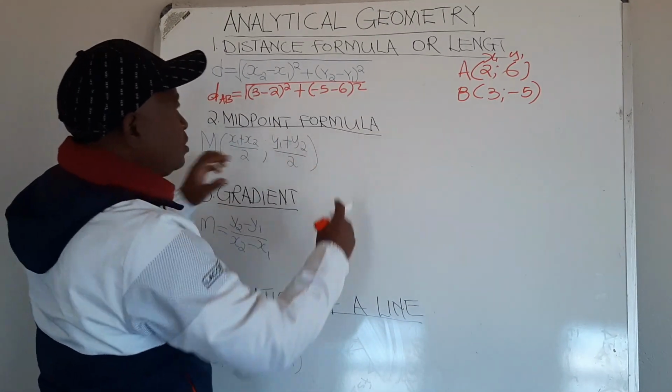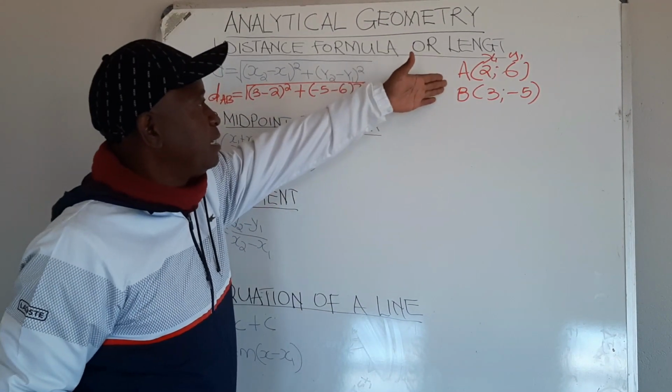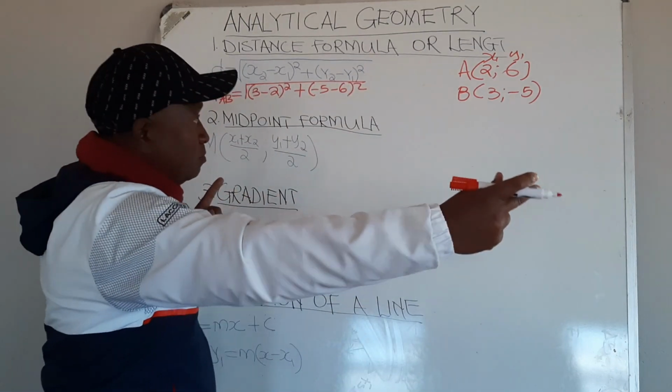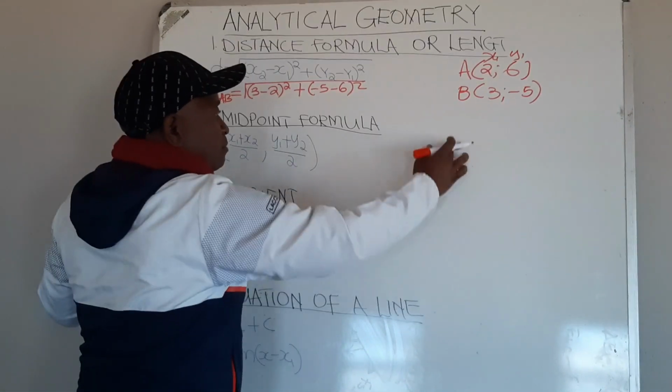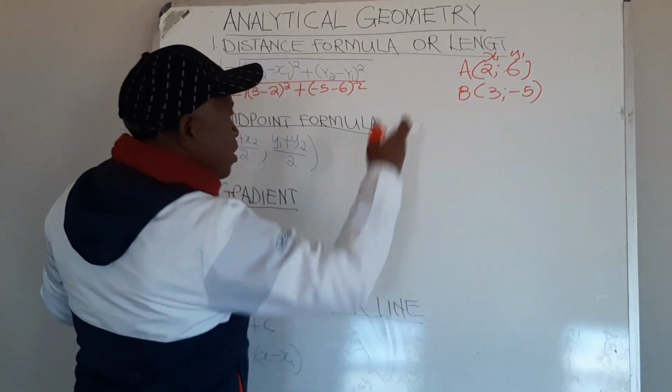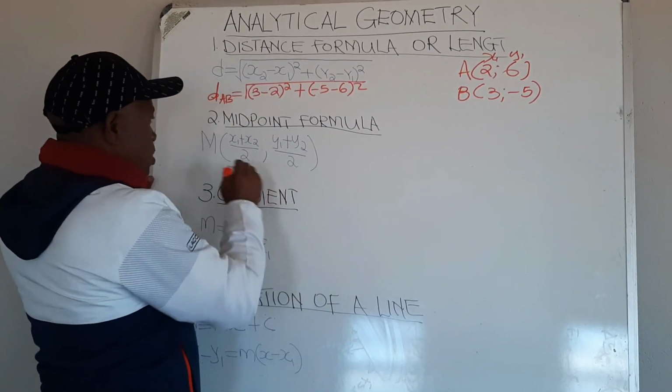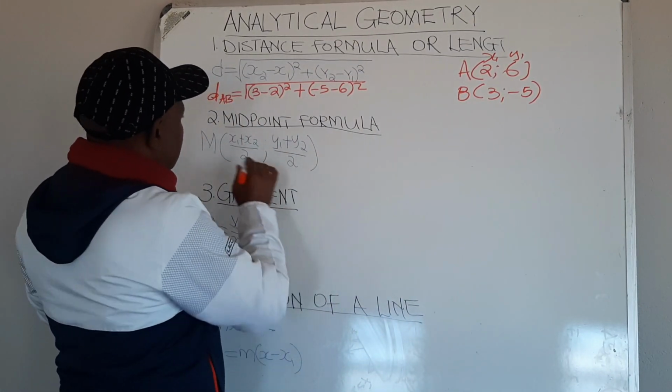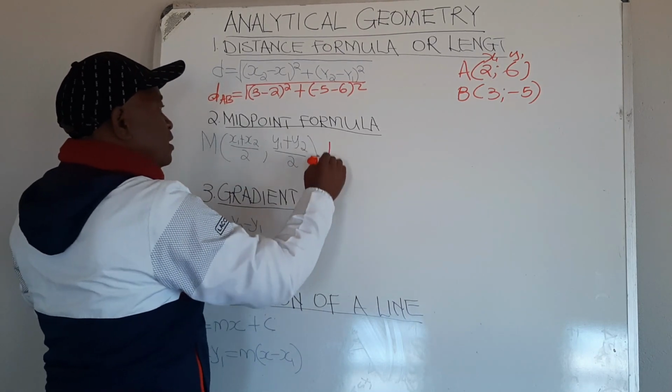If you are going to look for the midpoint, it is the middle point between the 2 points. So between A and B, because AB is a line, what is the midpoint? So we are also going to substitute. This is the formula.